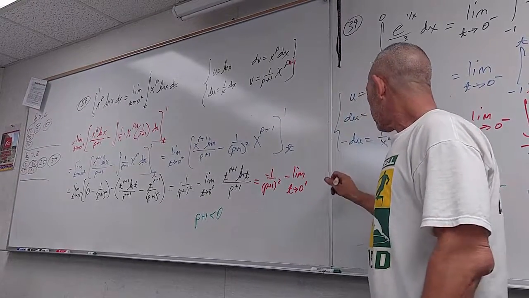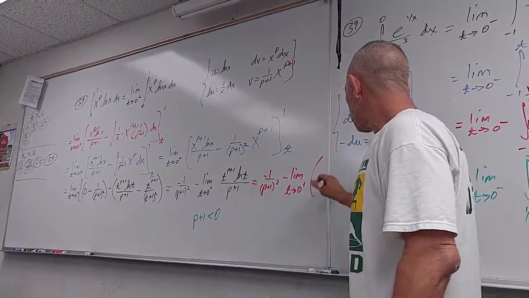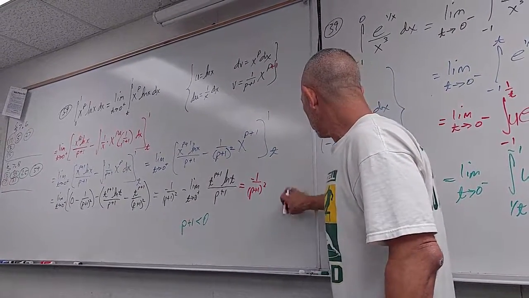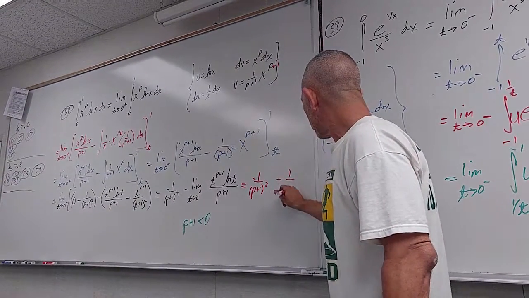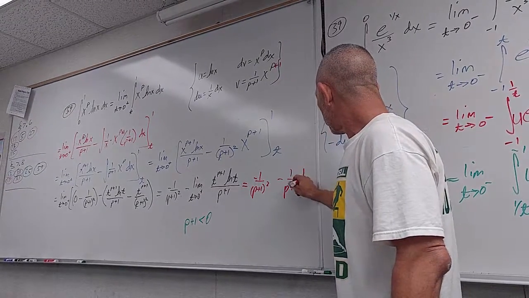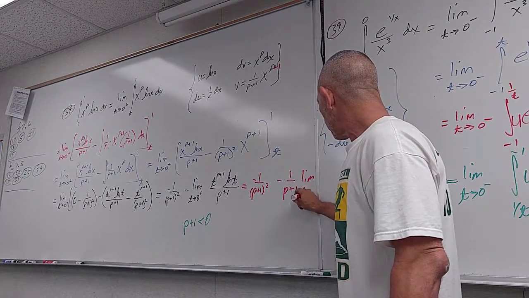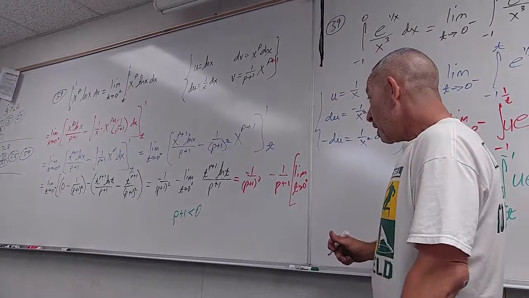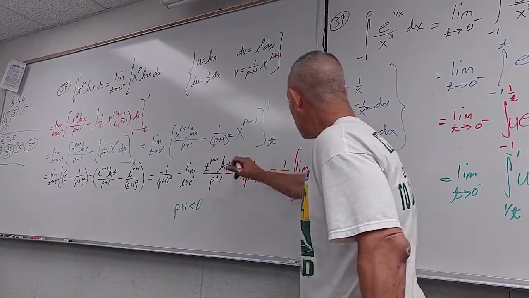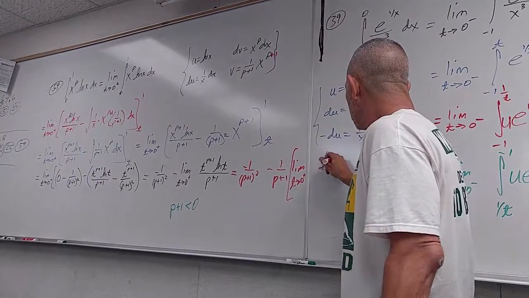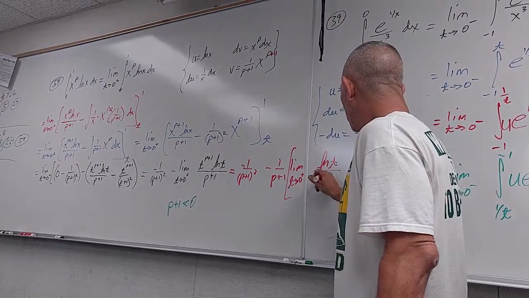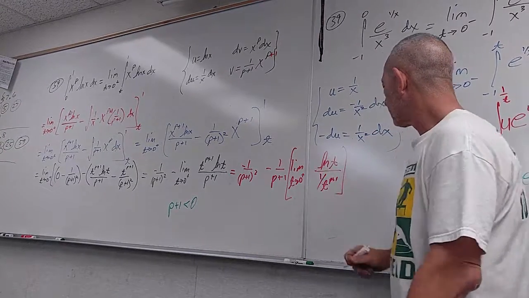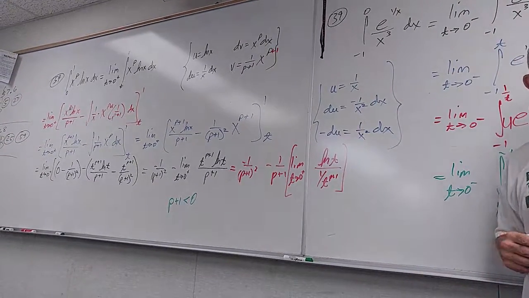And let's write this as ln t. Oh, and let me go ahead and factor out that 1 over p plus 1. So minus 1 over p plus 1. And now let's do the limit as t goes to 0 from the right. And I'm going to rewrite this as ln t over 1 over t to the p plus 1. I think that might make it a little more clear.